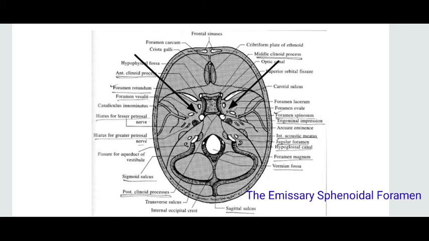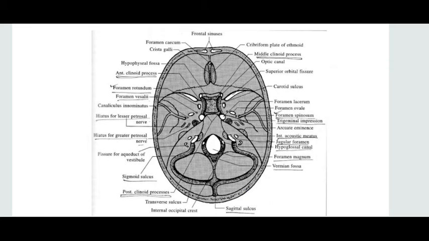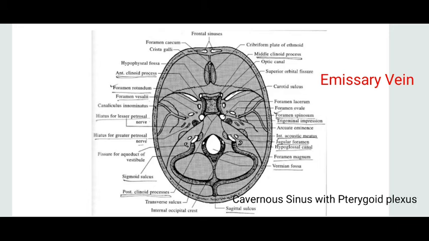The emissary sphenoidal foramen or foramen of Vesalius transmits an emissary vein connecting the cavernous sinus with the pterygoid plexus of veins.